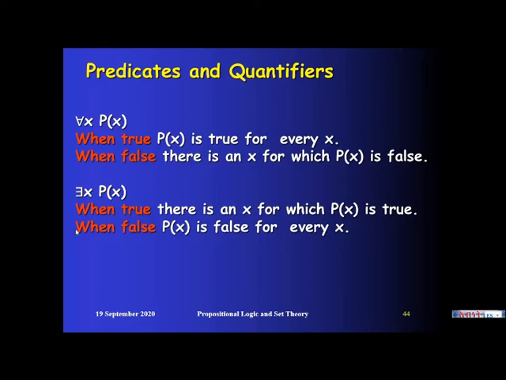But when it comes to the existential quantifier, it is true when there is an x for which p of x is true. An x means a single x, or some x. It is false only if it is false for every x.